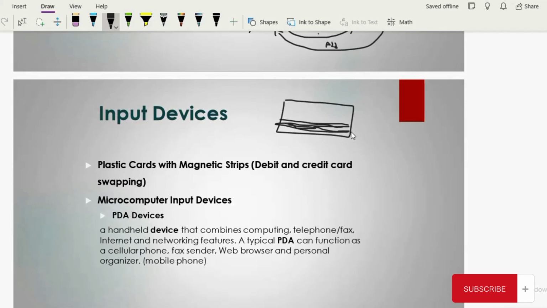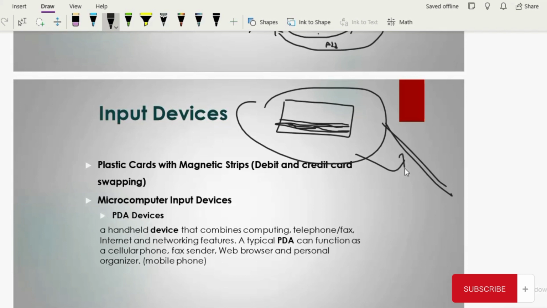So when you give this card to the bank, they swipe it through the machine. That machine is basically a plastic card magnetic strip reader, and this card is an input to give the money to the bank or to any point of sale or to any place where the card is swiped.